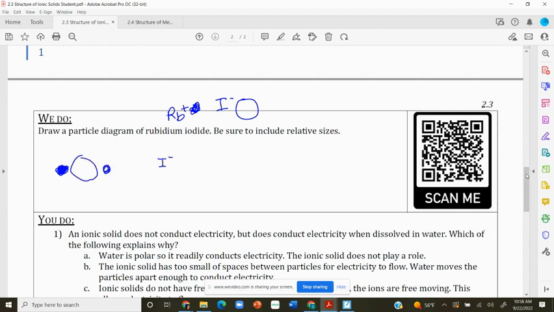And then I'm going to have one of these, and I'm going to have an iodine. And then it's going to alternate. Okay, so that's what that looks like.